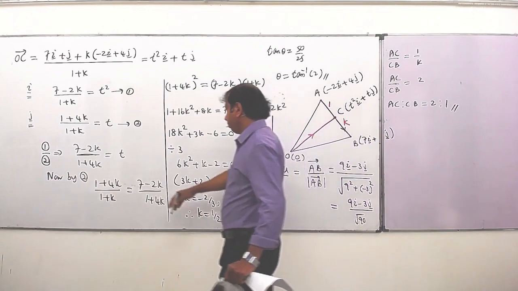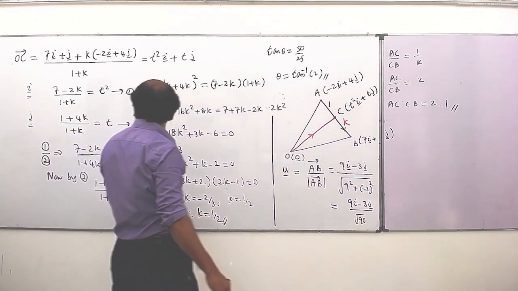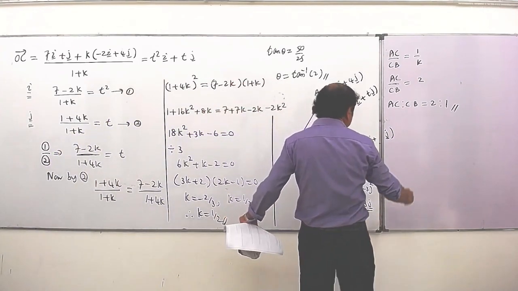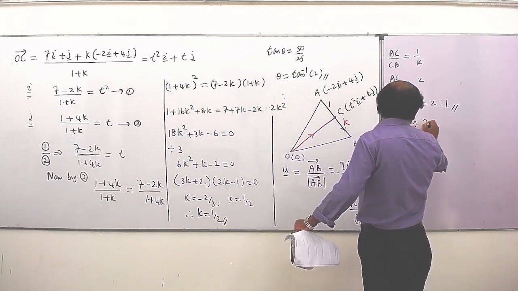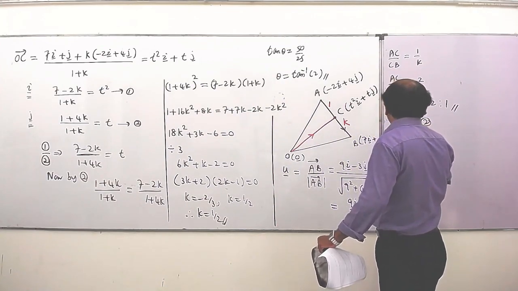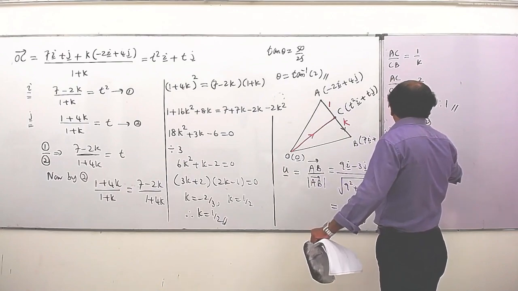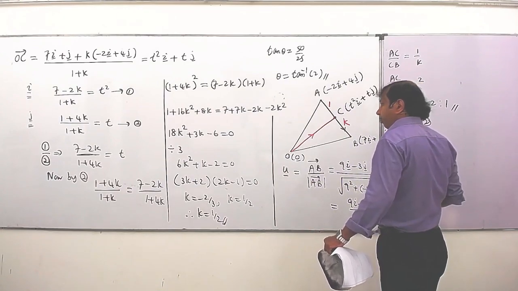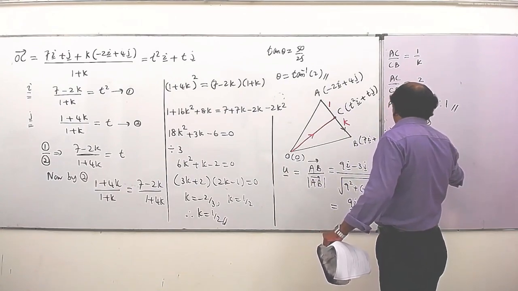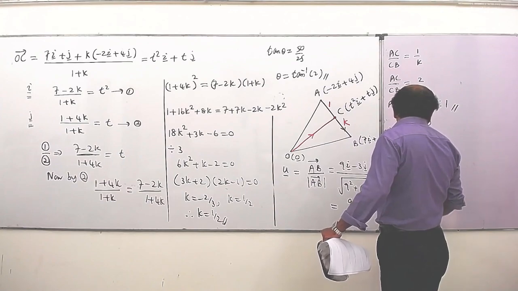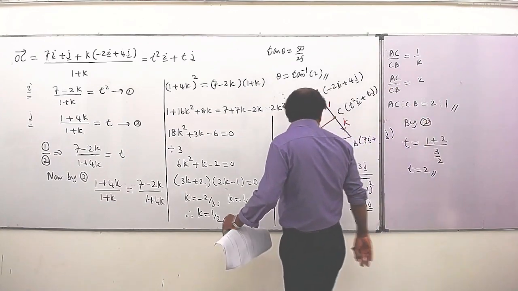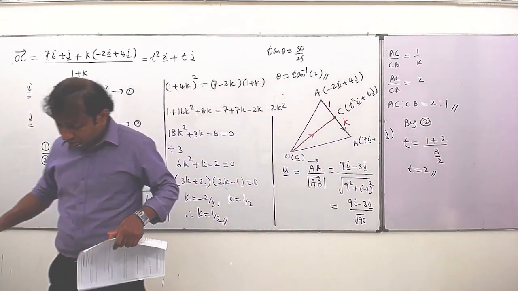T can be found putting here. 1 plus 4k, 4k means 2, no. K is half, no. And 1 plus half is 3 by 2. Then we get t as 2. This 2 we can cancel now. T equals 2.